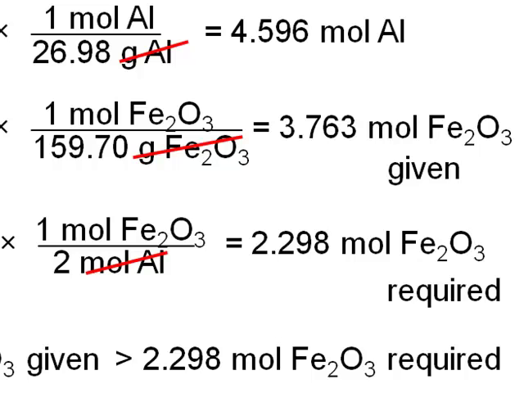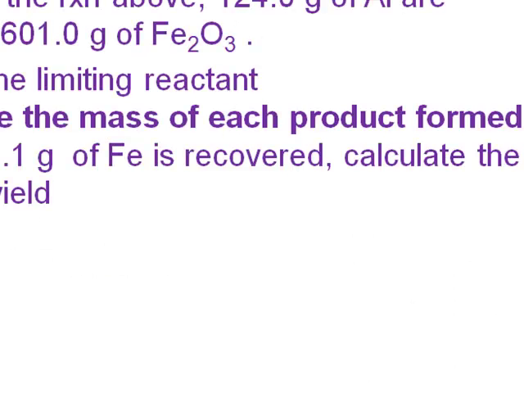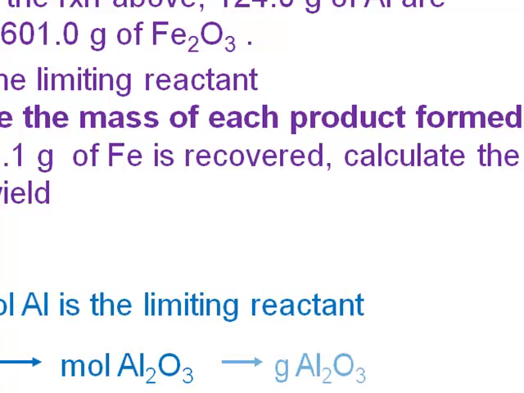Okay, same process. Now we have the aluminum as the limiting reactant. We've gotten that. Step B, calculate the mass of each product formed. So we use our moles of aluminum, convert it into moles of aluminum oxide, then grams of aluminum oxide. Then moles of aluminum into moles of iron, then grams of iron. So those are the steps.